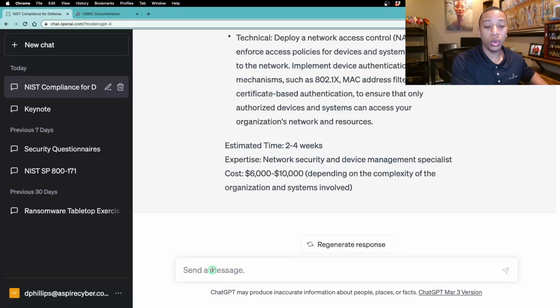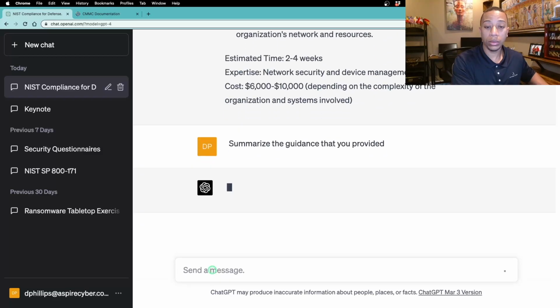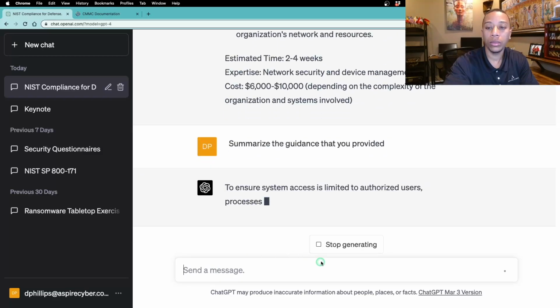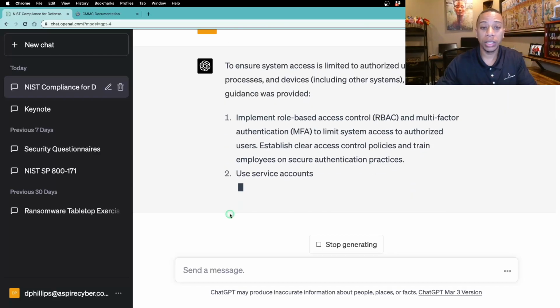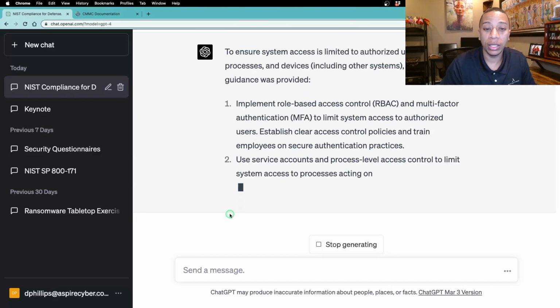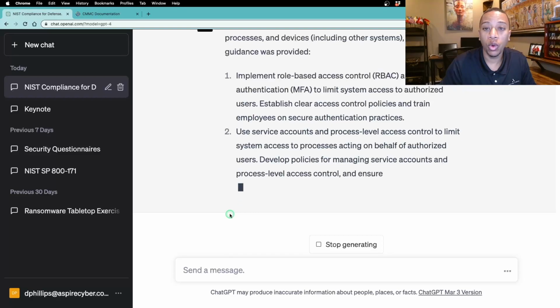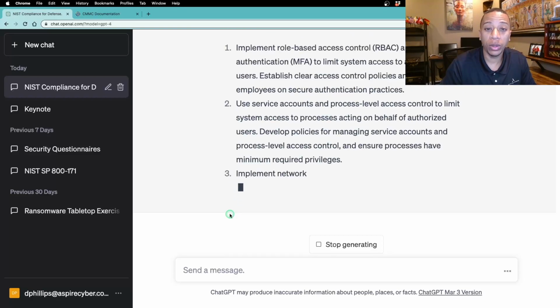My next prompt is going to be: summarize the guidance provided. At this point we're summarizing all of the guidance. So we know we need to implement role-based access control and multi-factor authentication.